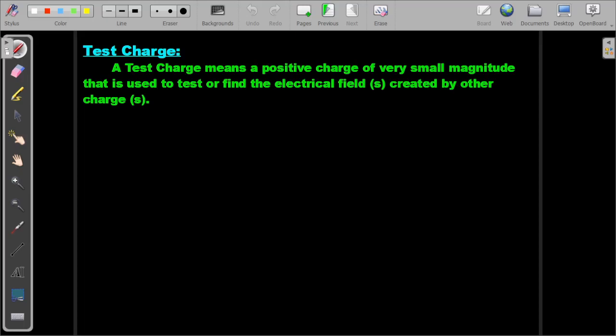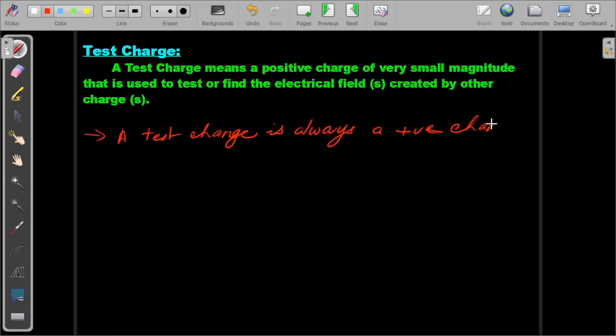And it is generally used to find or test electrical fields created by other charges. A test charge is always a positive charge.